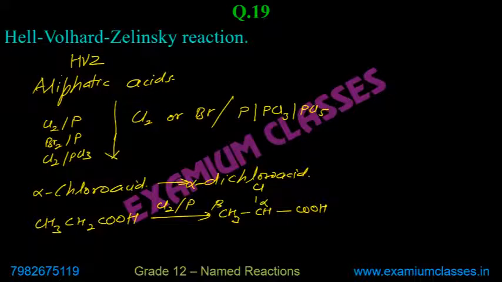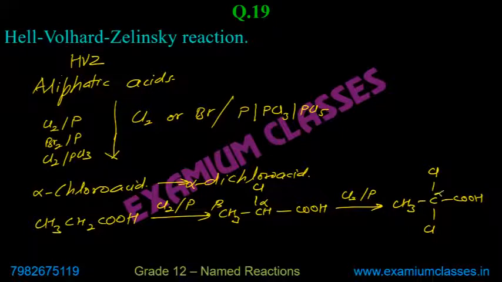This is beta carbon. So on alpha carbon, then again further chlorination will take place, but on alpha carbon only. So the very important keyword related to the HVZ reaction is alpha carbon.